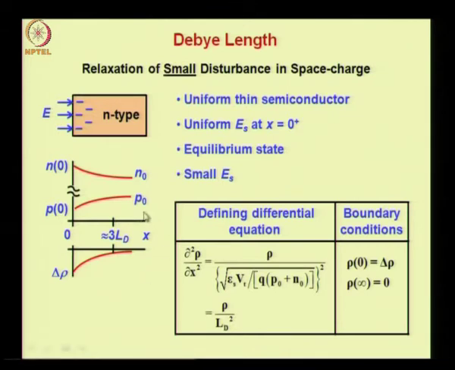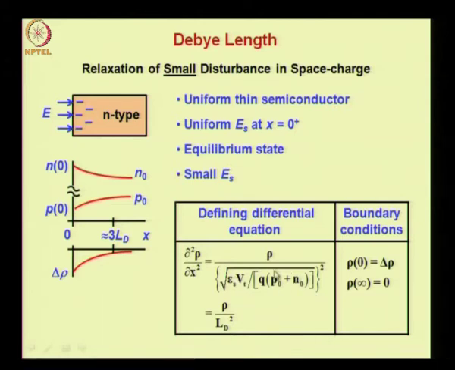So d square rho by dx square is equal to rho divided by this quantity. Here also, in analogy to the diffusion length, you have a square root sign in which you have the dielectric constant of silicon, the thermal voltage coming in here, and in the denominator you have the equilibrium concentration of holes and electrons summed up.